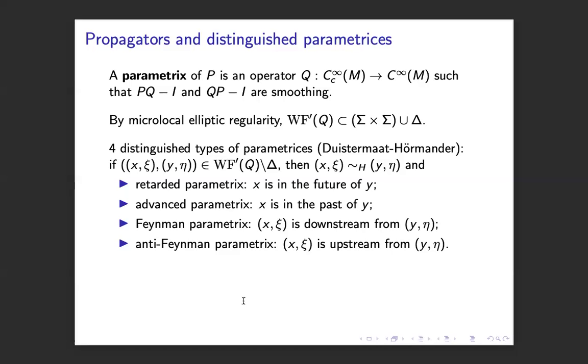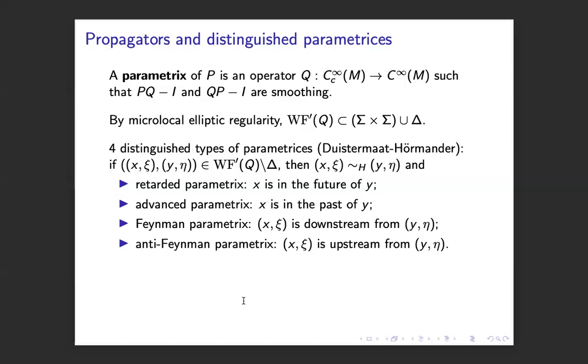This is a non-trivial statement if we want to consider them acting on distributions. The idea then is that you can define distinguished classes of operators like this, which are called parametrices, by saying that they propagate the wavefront set only in a particular direction.